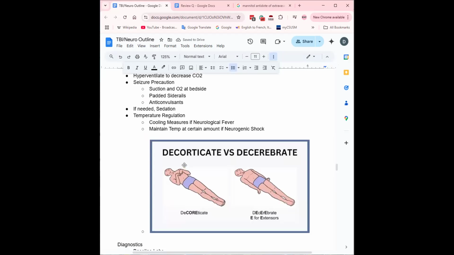So, decorticate versus decerebrate posturing. I like this one because it has the toes pointing out and the arms to the core. So that's how you know it's decorticate. E for extended, yeah. E for extensors, so it's extending out. And which one's worse?